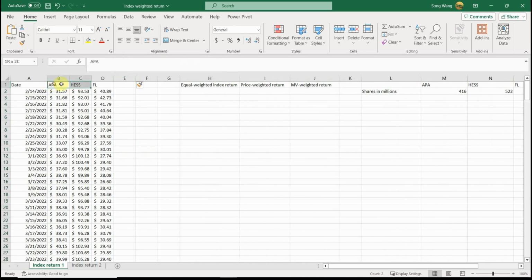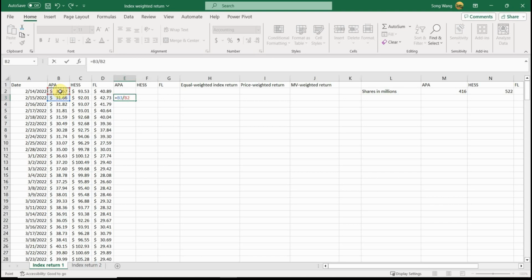Then I will copy and paste the titles. These are the stocks' names. Then I just need to follow the same old trick to calculate the return. I'm going to use the later price divided by the earlier price.